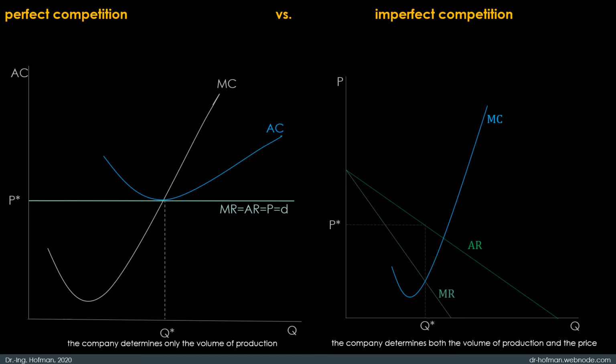And let's add that on the left, in perfect competition, the company determines only the volume of production, whereas on the right, in imperfect competition, the company determines both the volume of production and the price.